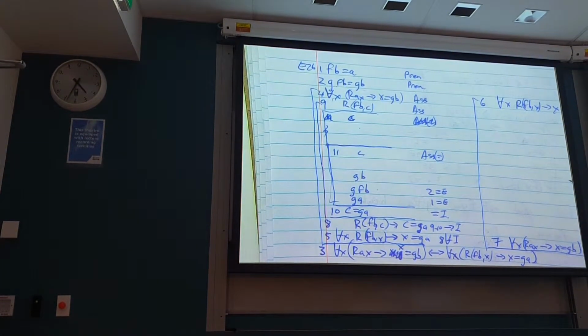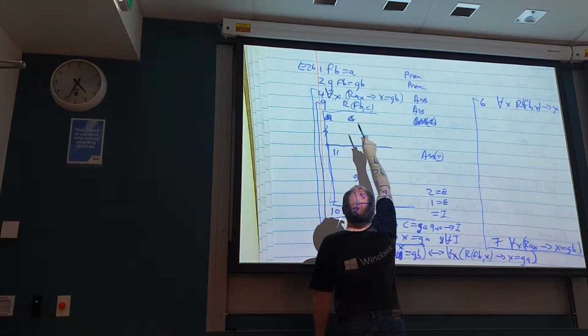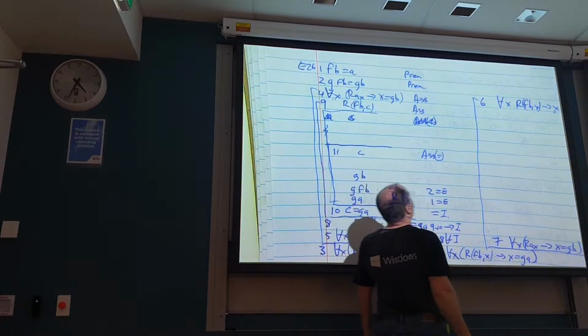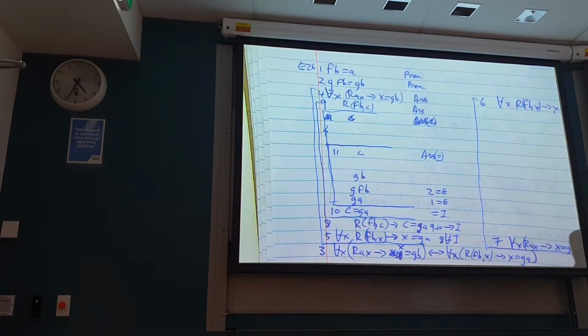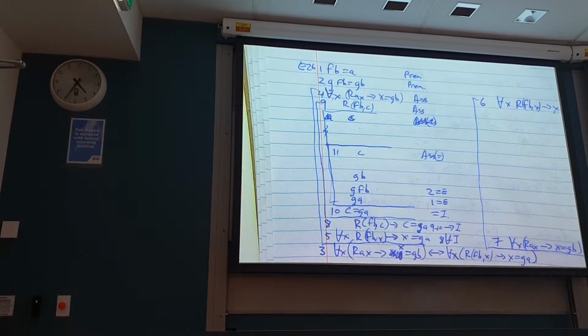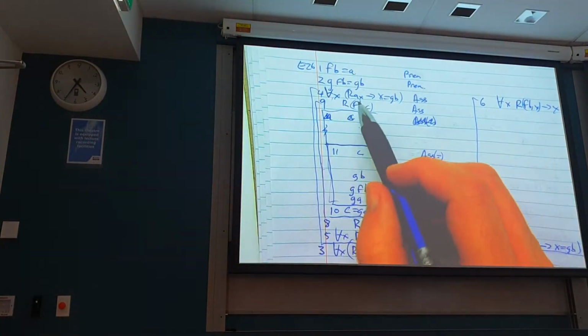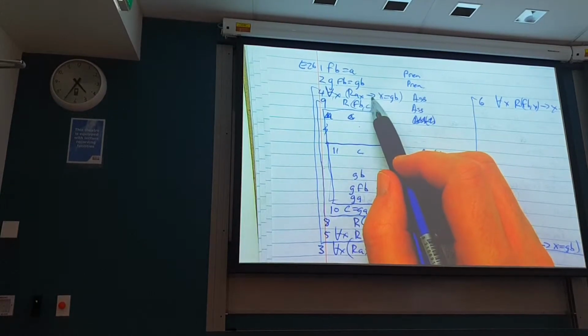Now we haven't used 4 yet. 4 says if something's related to A, then it's Bob's girlfriend. That could be useful. Now we don't have an RA anything in here to use this arrow on, so we don't have something to put in there.